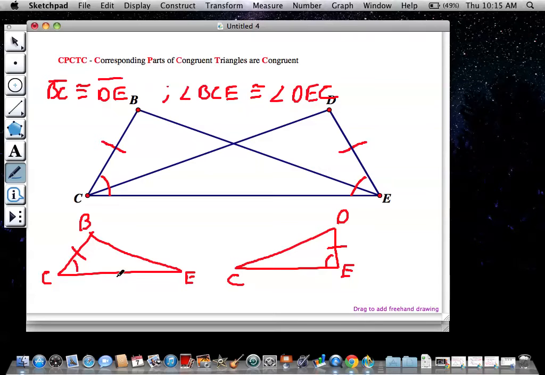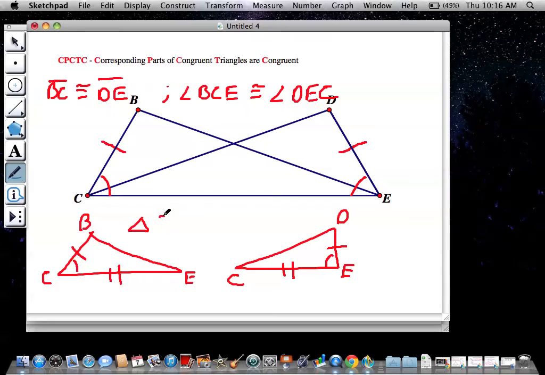I don't know all the side lengths, but I do know that CE is congruent to itself, because they share this side. So you have a side congruent to a side, an angle congruent to an angle, and a side congruent to a side. Therefore, these two triangles are congruent.